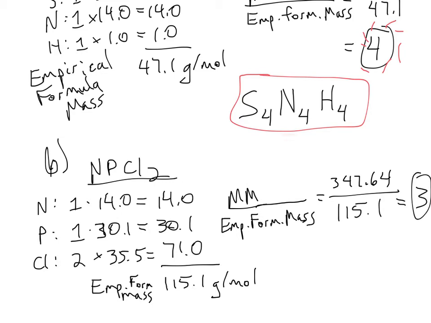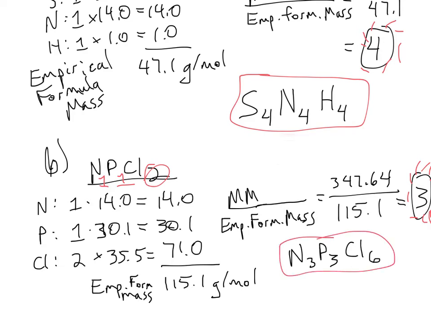So that means you take the subscripts within the empirical formula, so an implied 1 for N, an implied 1 for phosphorus, and a 2 for chlorine, and triple them, because your whole number ratio of molar mass to empirical formula mass is 3. So that gives us N3P3Cl6. That's your molecular formula.